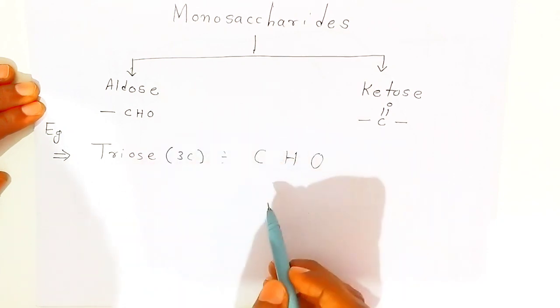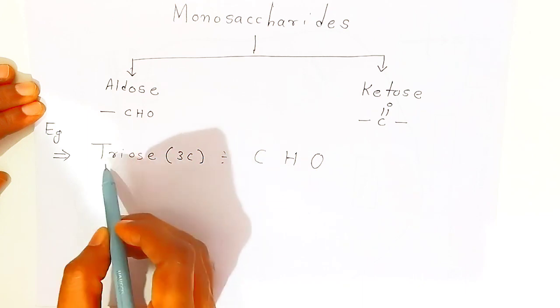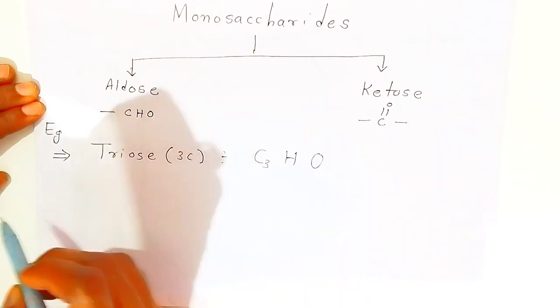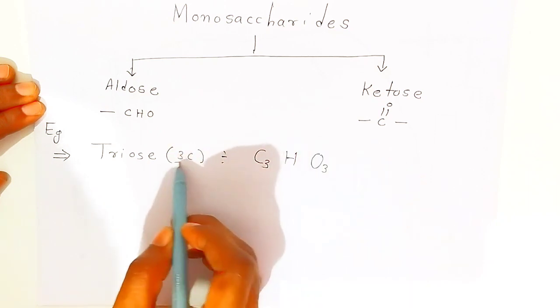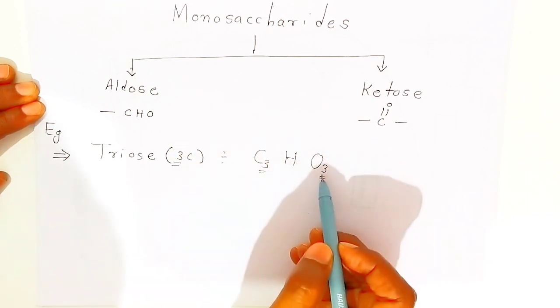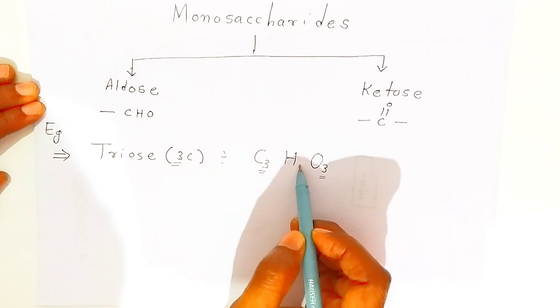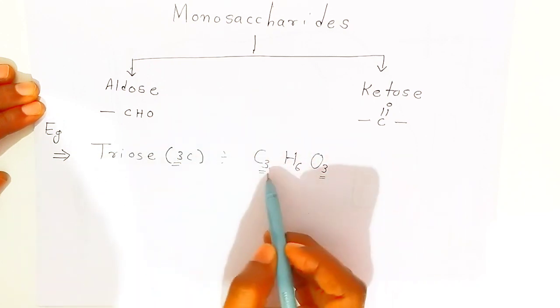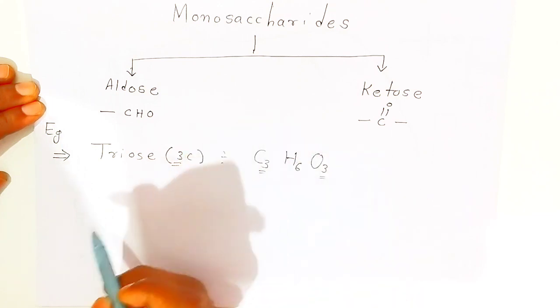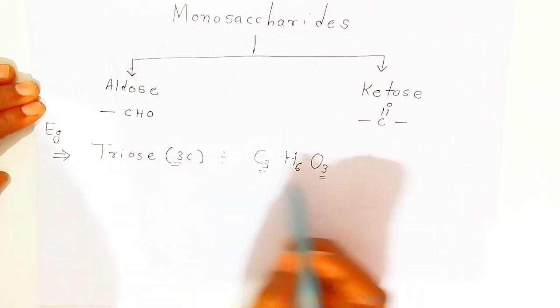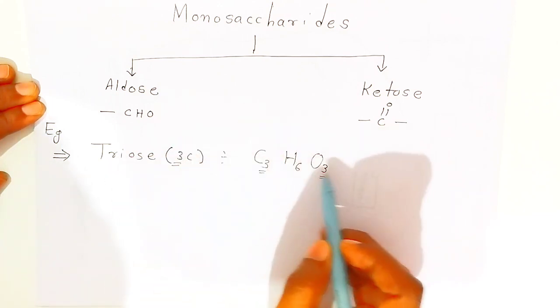These 3 elements are there. If we say triose, carbon will be 3 and oxygen will be 3. Carbon and oxygen have the same number, that is 3, and hydrogen will always be twice that number, so it will be 6. So the molecular formula of triose will be C3H6O3.